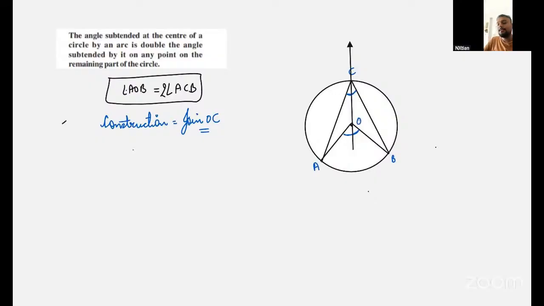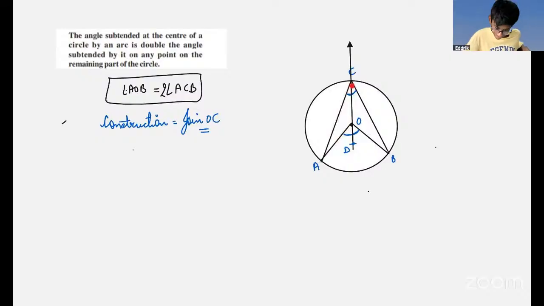I joined the line and named this point D. Now we have a triangle AOC in our midst. Yes or no?